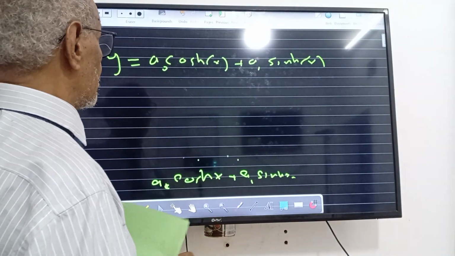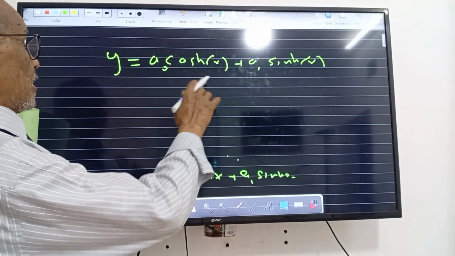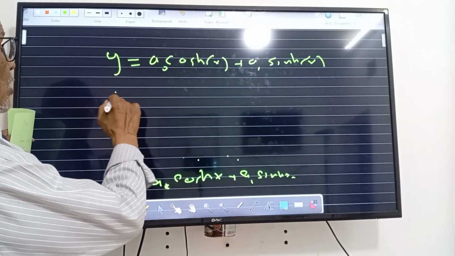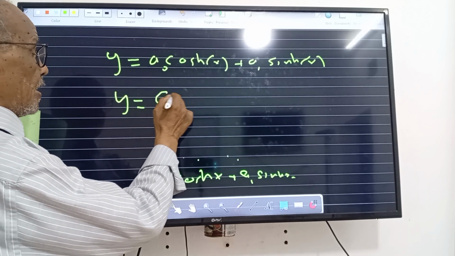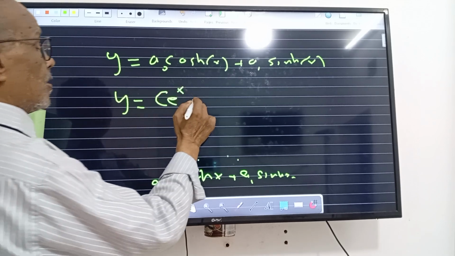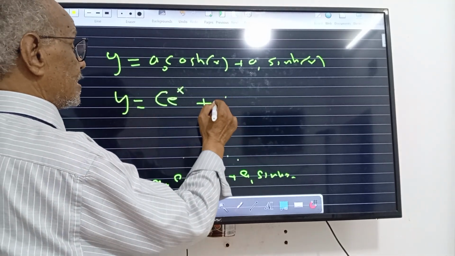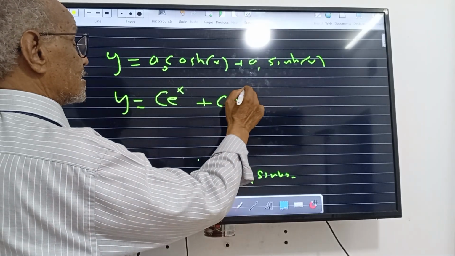This is hyperbolic functions. So for y equals c e to the power x plus c e to the power minus x.